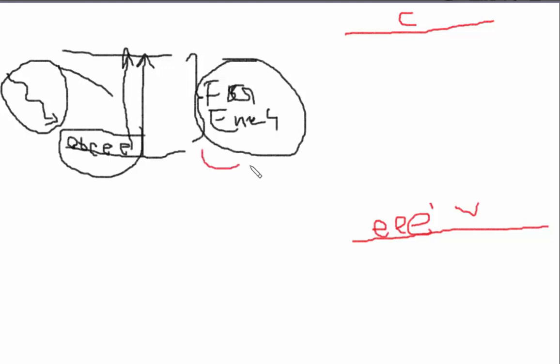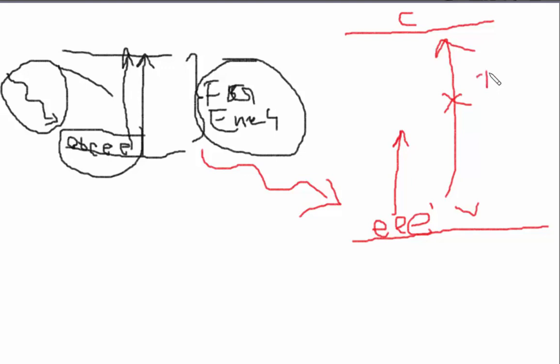If some amount of energy is incident here, it is very difficult to jump this much gap. It is very difficult in the insulator because the amount of energy coming is not sufficient for electrons to jump here.